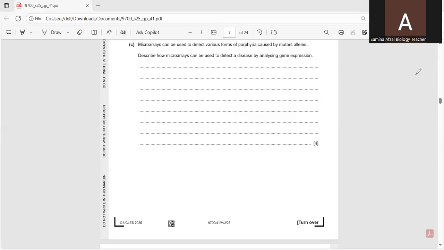So the question is about the microarrays, and these are used to detect a disease by analyzing gene expression. As you can see in part C of this question, this technique allows scientists to compare the activity of thousands of genes simultaneously between a healthy cell and a diseased cell. So how can these microarrays analyze the gene expressions?